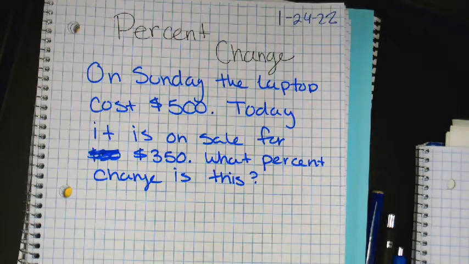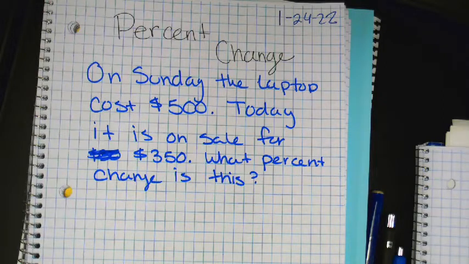Okay, on Sunday the laptop cost $500. Today is on sale for $350. What is the percent change? So what am I asking you to do in this problem? Percent. I used to tell you the laptop cost $500. It's on sale for 50% off.